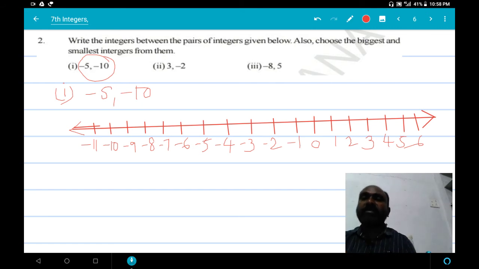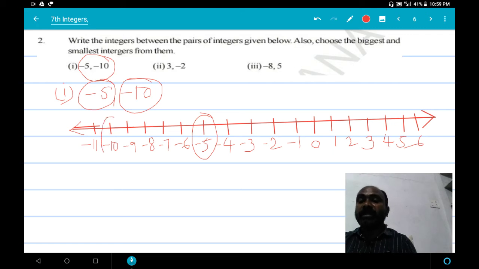in this question write the integers between the pairs of integers given below only. So between the pair, the pair is minus 5 and minus 10. So we write between minus 5 and minus 10. Here is minus 5.